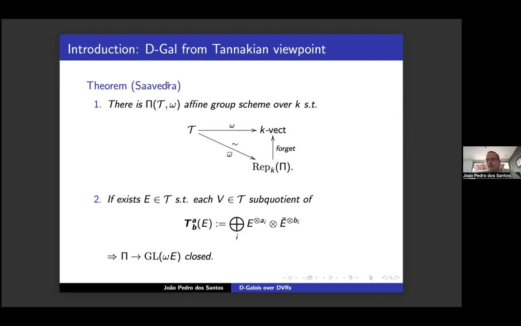Can you lift it to characteristic 0? The answer is no, you can't. So it doesn't mean that it's going to be a quotient of something in characteristic 0. That is the problem. You cannot put them all inside the same boat.